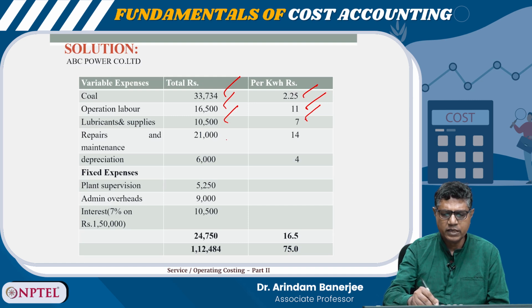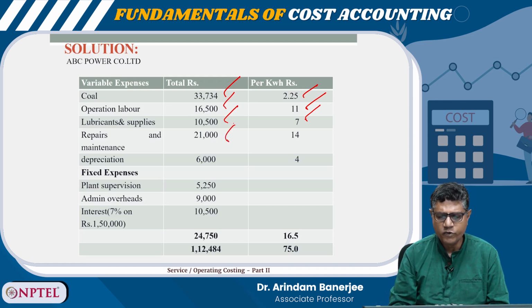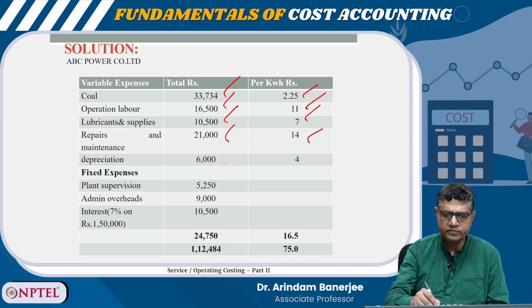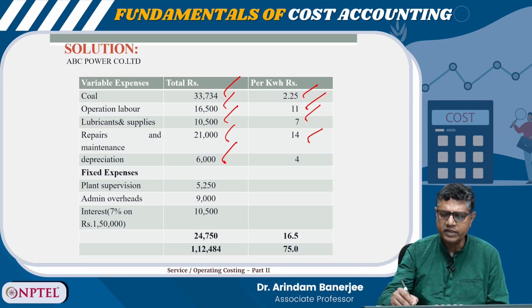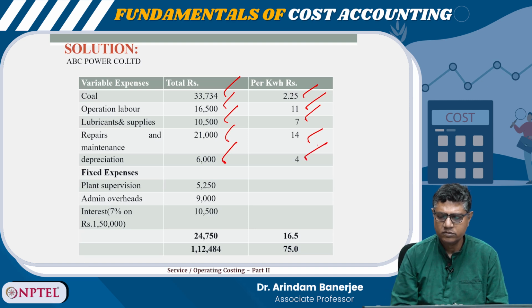Repairs and maintenance total is 21, and per kilowatt hour is 14. Depreciation total is 6,000, per kilowatt hour is 4.